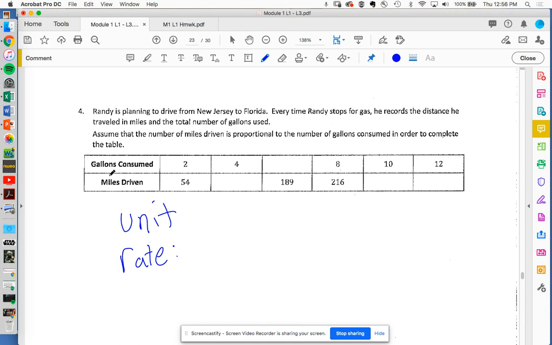If I don't have any gas, can I drive any miles? No. So here's the deal. We're going to assume that the gallons of gas are unlimited. And we're going to say this miles driven depends on how many gallons you can buy. Okay? And then we could look at the factor of how much you're paying per gallon, but we're not worrying about that right now. Okay? So now we're going to take, in this case, miles that you drive per gallon.